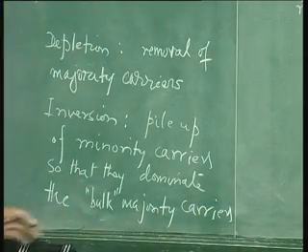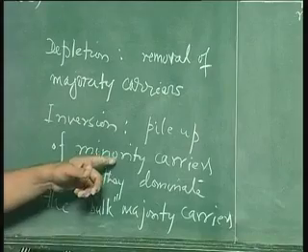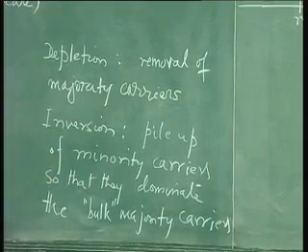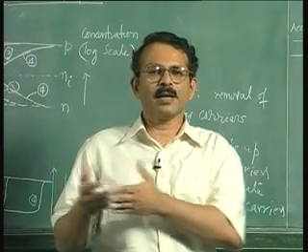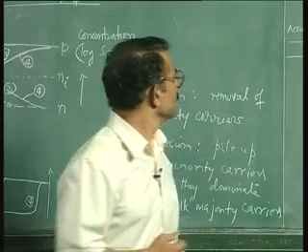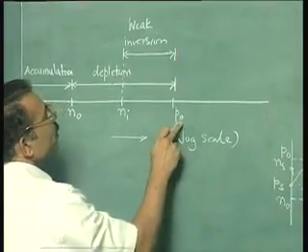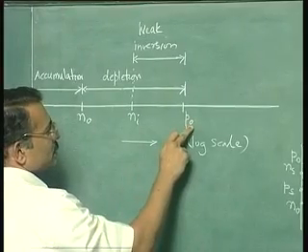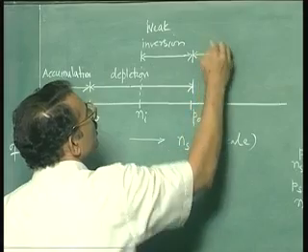So whatever are the majority carriers in the bulk, they are dominated by the minority carriers at the interface. Okay, so at the interface, the minority carriers in the bulk are really the majority carriers, because they are dominating. So weak inversion, and beyond Ns equal to P naught, here you have strong inversion.